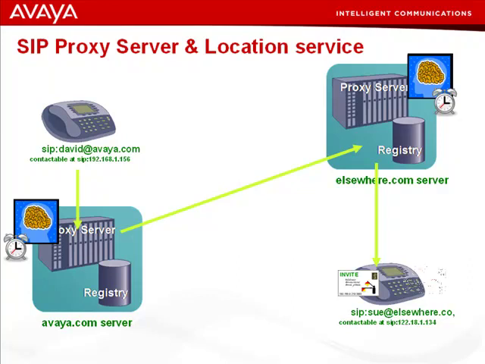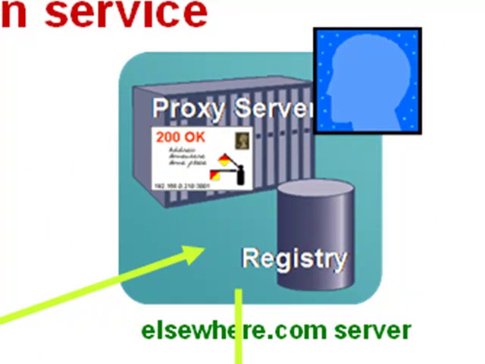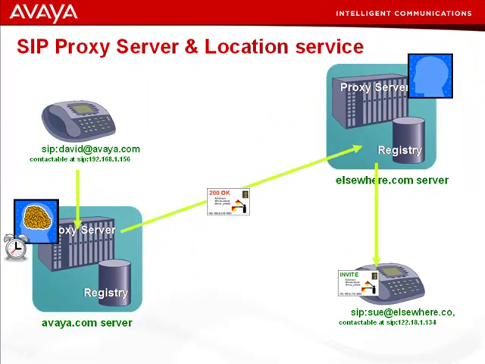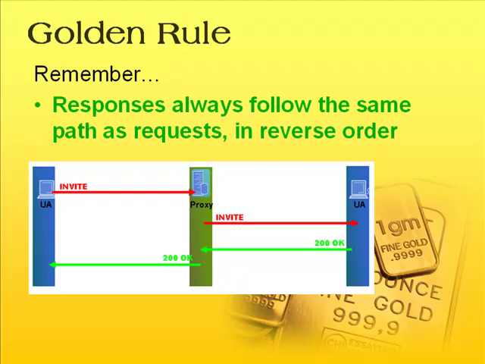Thus, when the final response is received, the server may well clear out its state, making those resources available for use on other calls. And as the final response travels upstream, each server has an opportunity to do likewise. Remember the rule, SIP responses always follow the same path as the request, in reverse order.